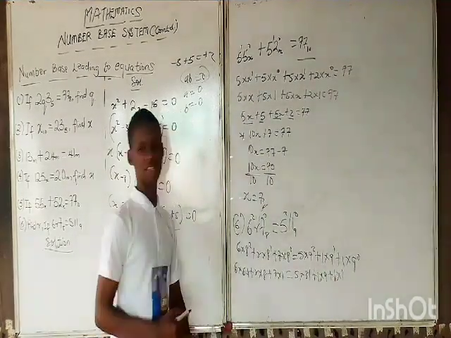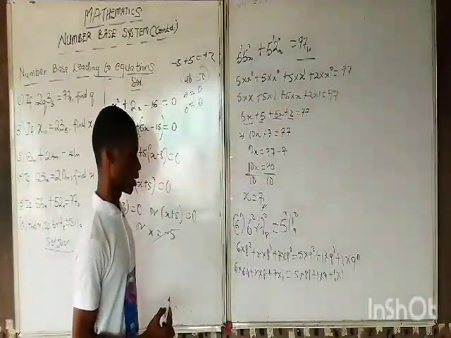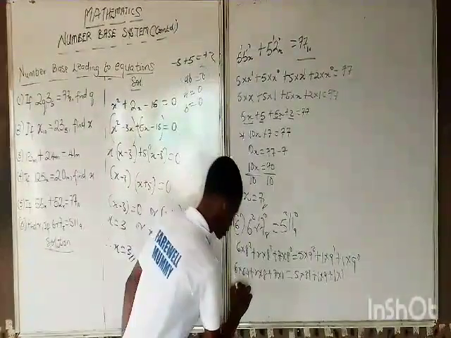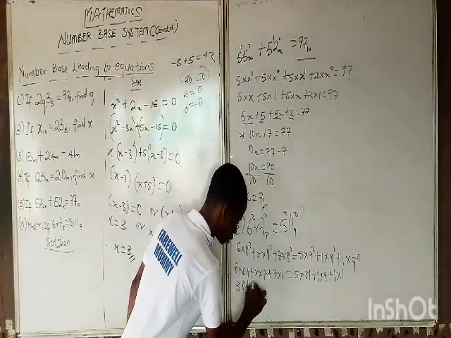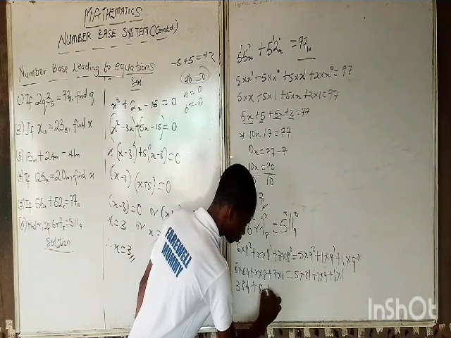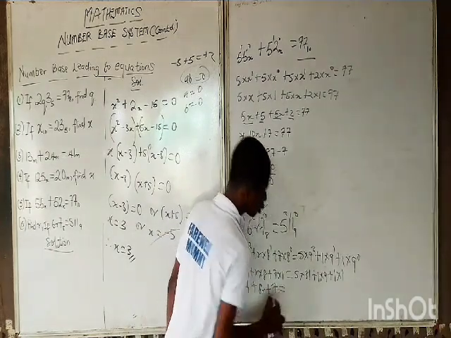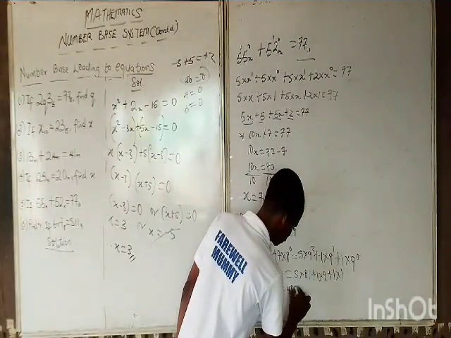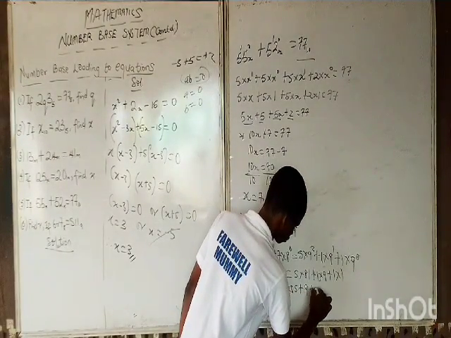6 times 64 will give us what? 384. 384, right? 384 plus 8r plus 7 equal to 81 times 5, 405, right? 405 plus 9 plus 1.